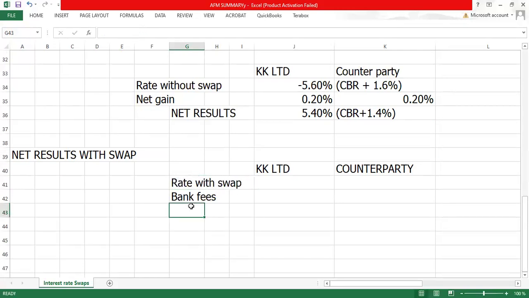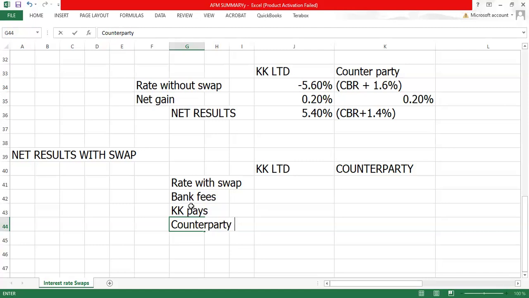Then you will also look at what the company hedging will pay, how much. Then the counterparty will be paying how much.